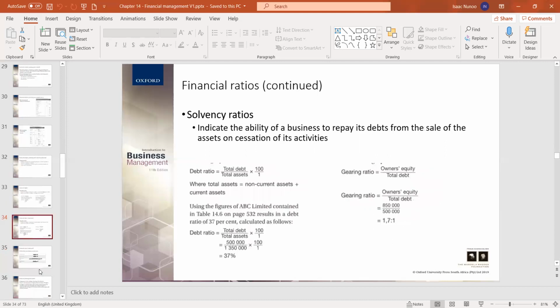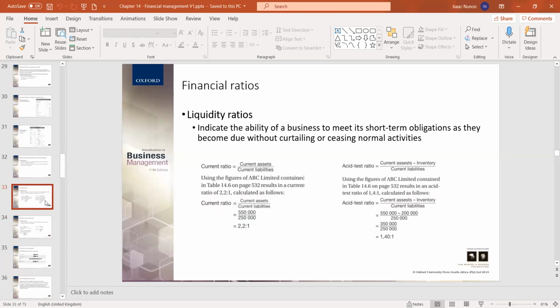We can also talk about the current ratio. Under the liquidity ratio, we have the current ratio and the acid test ratio. The current ratio is current assets over current liabilities, which reflects the relationship between the value of current assets and the extent of the current liabilities of a business.